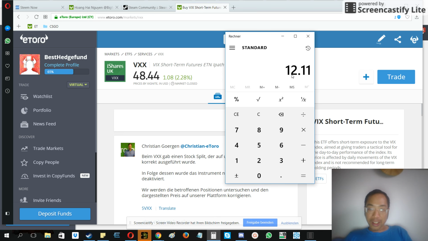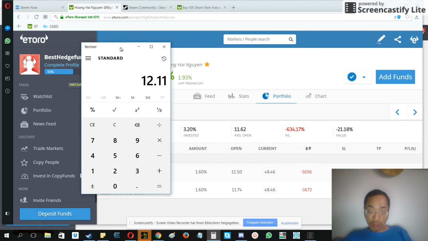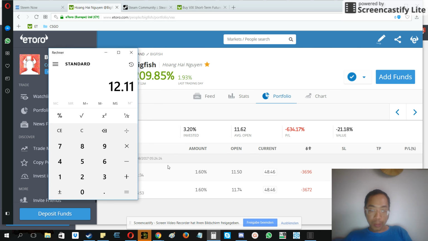Then at the moment it's 12.11. So what should happen right now is, you see the opening position is here, 11.50, and in the best case they will just multiply the open position by 4.